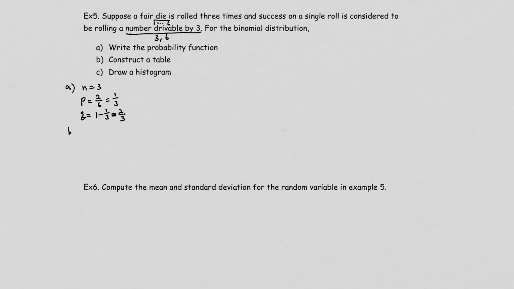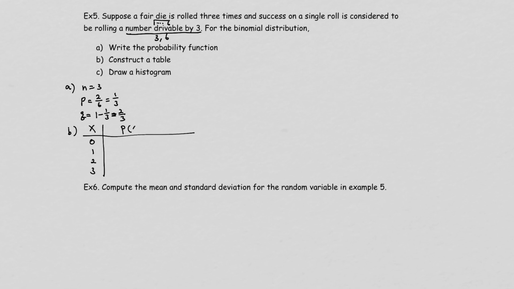And for B, which is constructing a table, you have 4 options. First one is getting none of 3 or 6 when you're rolling 3 times, then 1 time, 2 times, and 3 times.